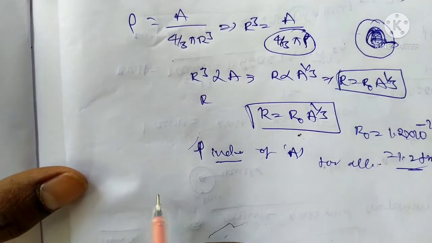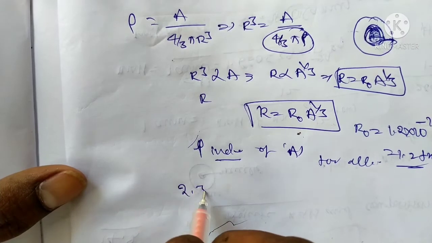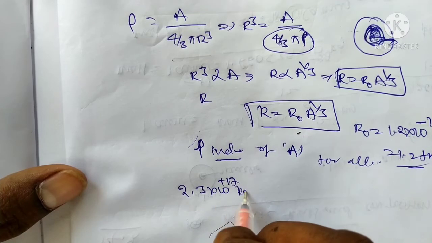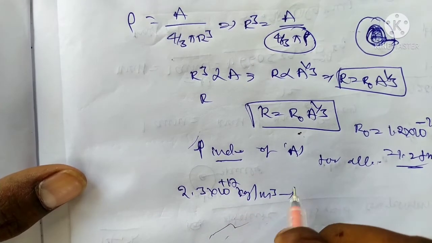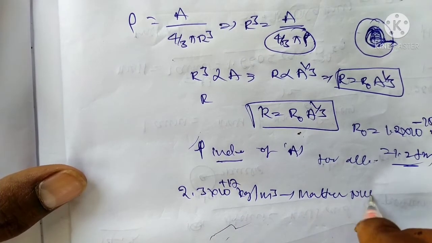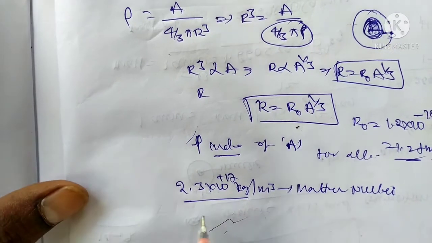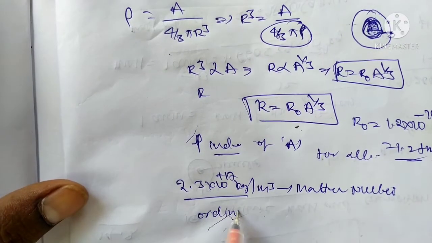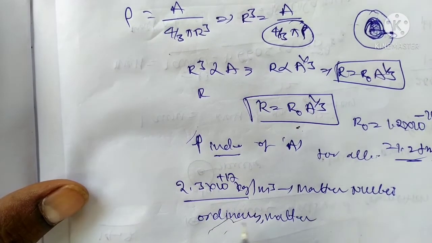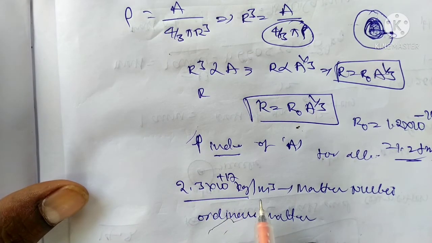Suppose in the experiment, the density of nuclear matter is 2.3 into 10 to the power of 17 kg per meter cube.